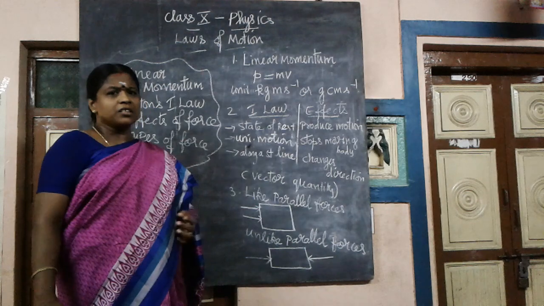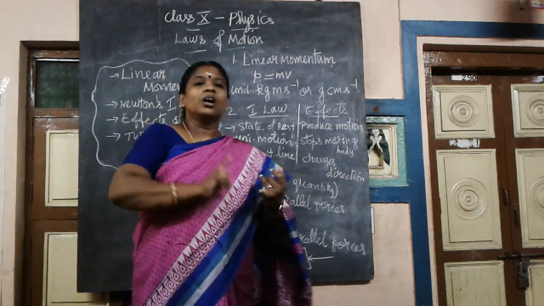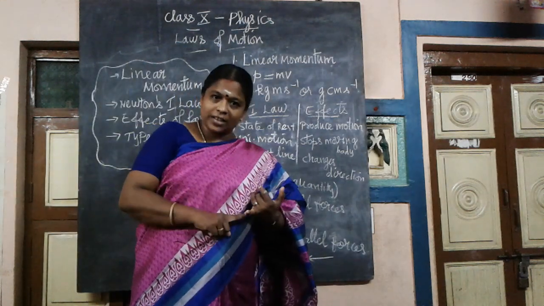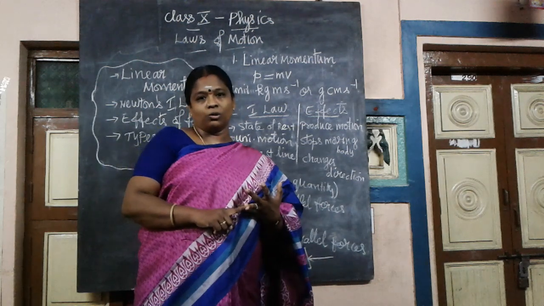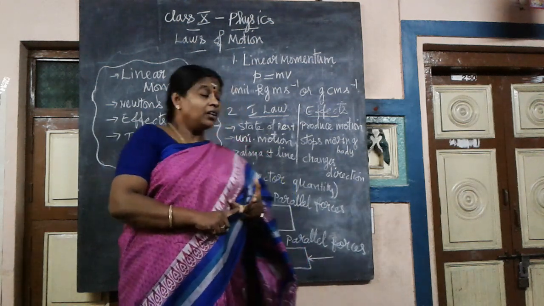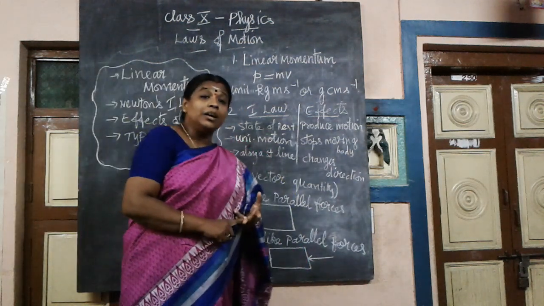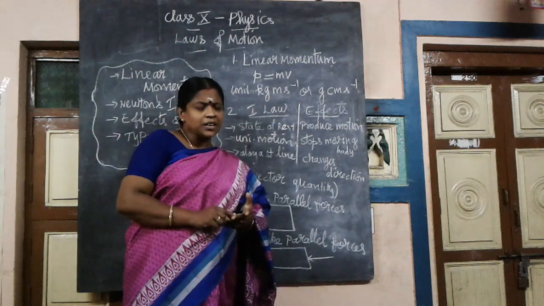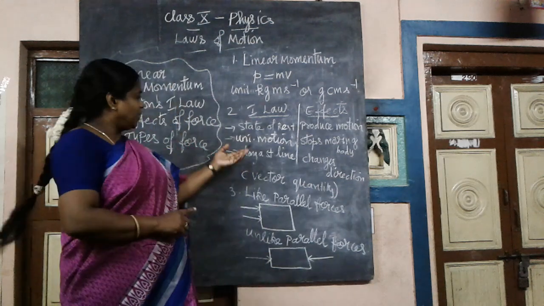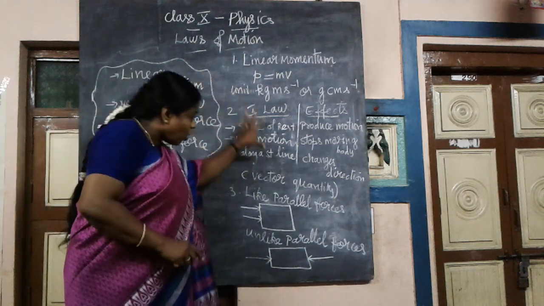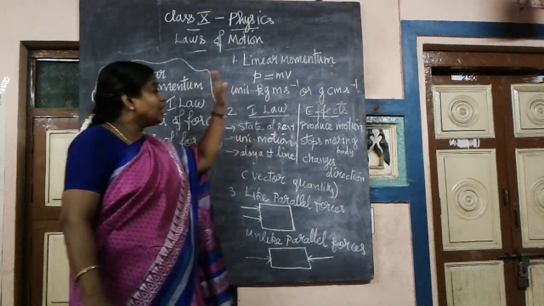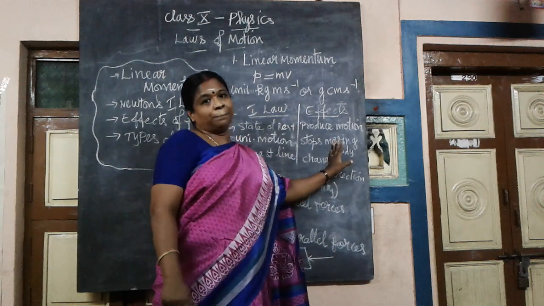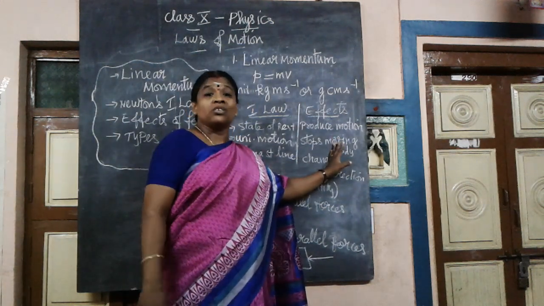Shall I say it again, children? Every body continues to be in its state of rest or state of uniform motion in a straight line unless it is compelled by an external force. Right. Now the law itself states what the effects of force on a body are, and it explains the definition of force.